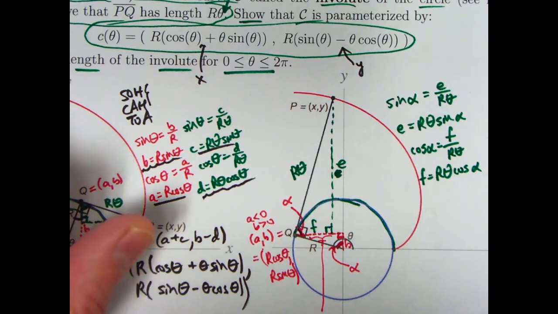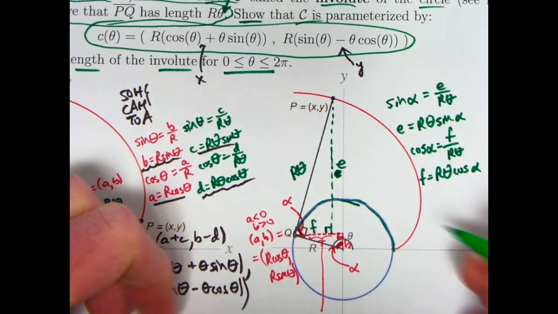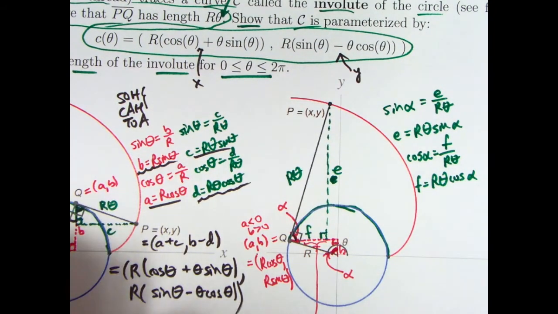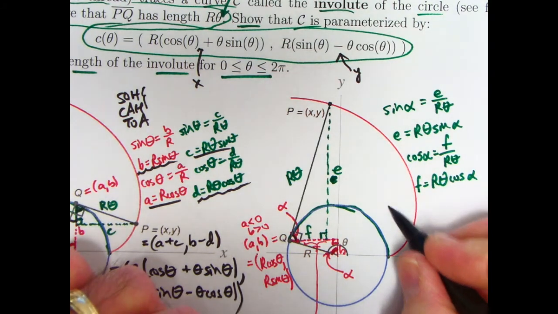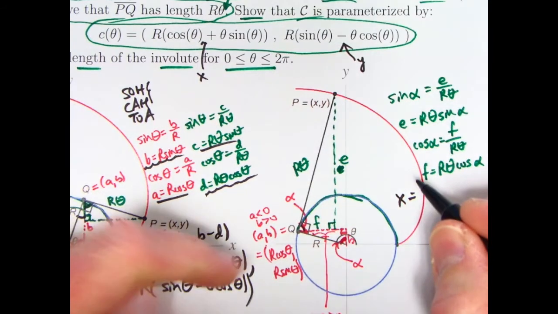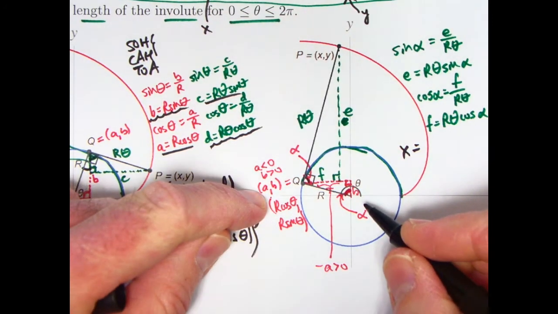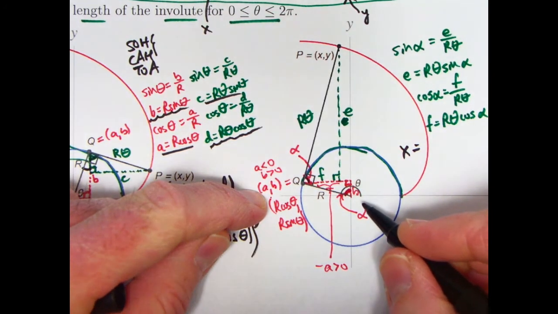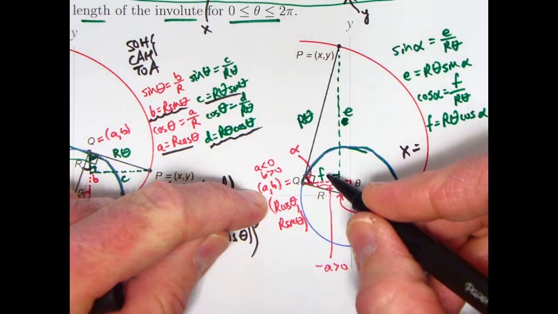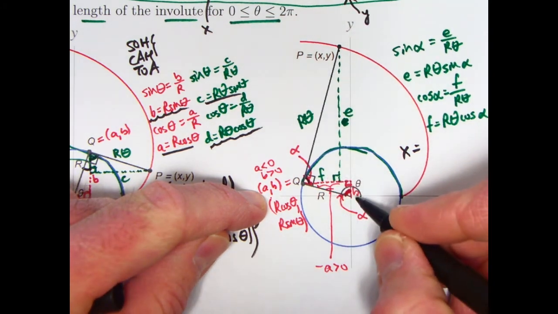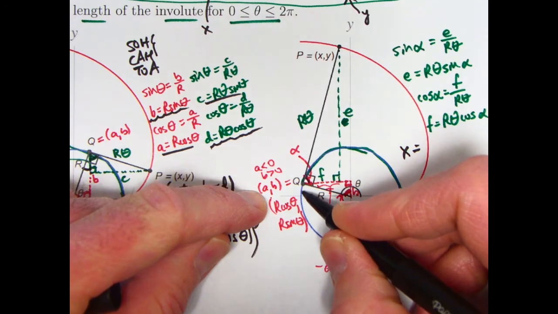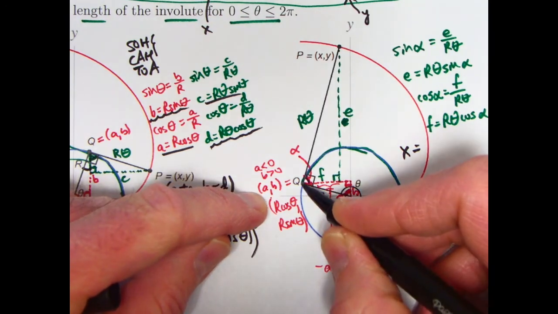I can also say, based on this picture, that X for this picture is A, which is a negative number for this picture, plus the positive number F. A is a negative quantity that essentially brings you to the first coordinate of Q here.